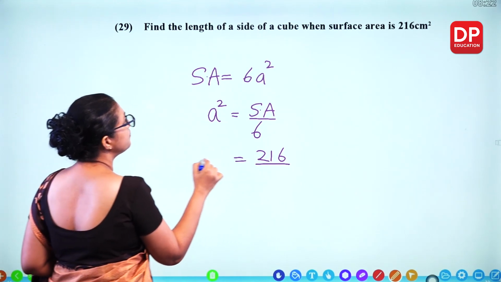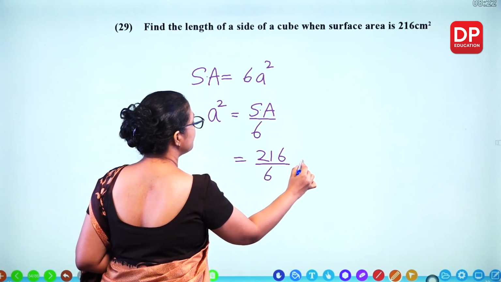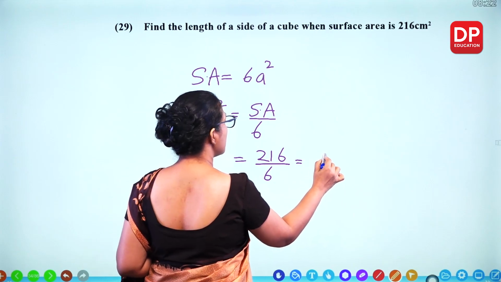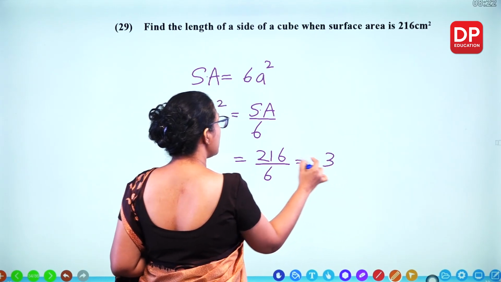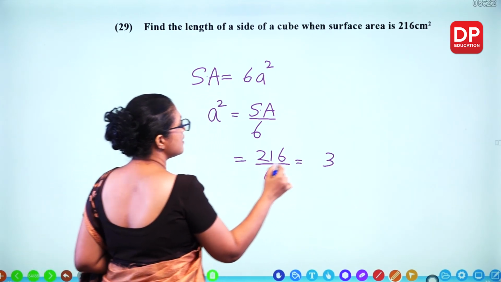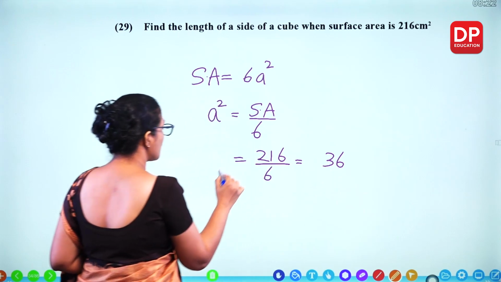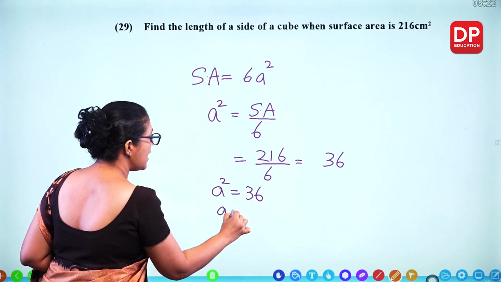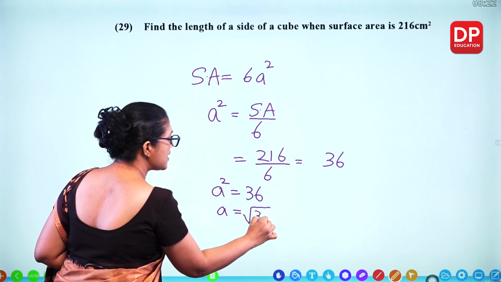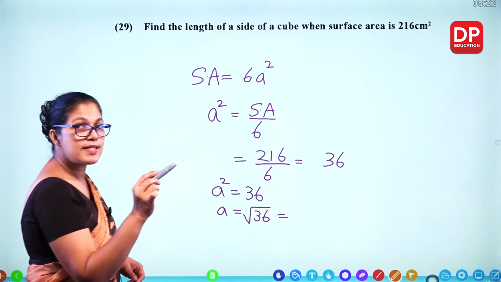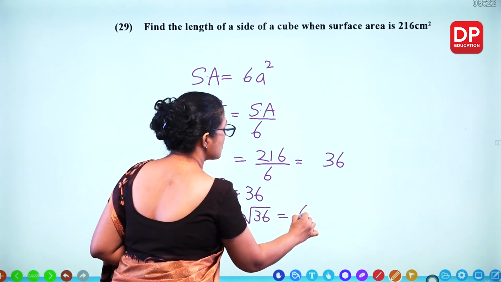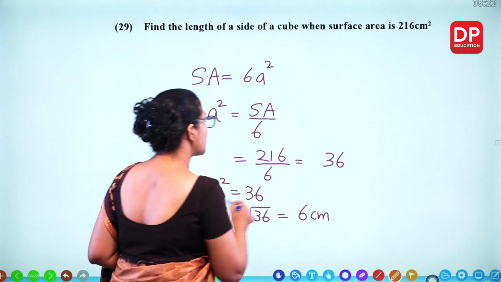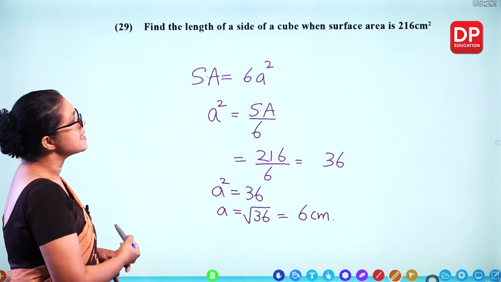Divide by 6. 6 times 3, 18. 36 is 6. So A squared is 36. How can we find A? Take the square root of 36, which is 6. So the side length of this cube is 6 centimeters.